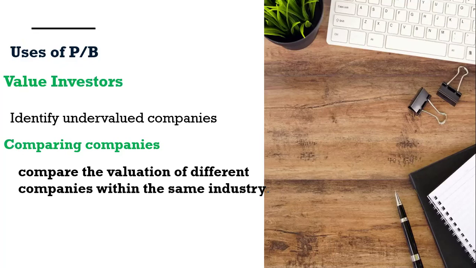Let me check the PV ratio for BMO as compared to TD and RBC. And then you see, oh, let me take TD because TD is a good company, but now it's undervalued. So I will take this opportunity to buy TD. So use it to compare different companies within the same industry.